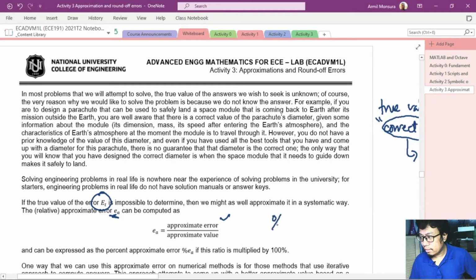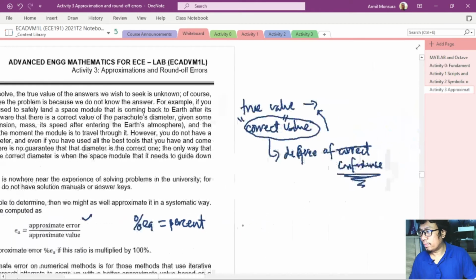By the way, ito yung percent approximate error, we call this percent approximate error. Pero in most cases, yung percent approximate error can be simply referred to as approximate error na lang.